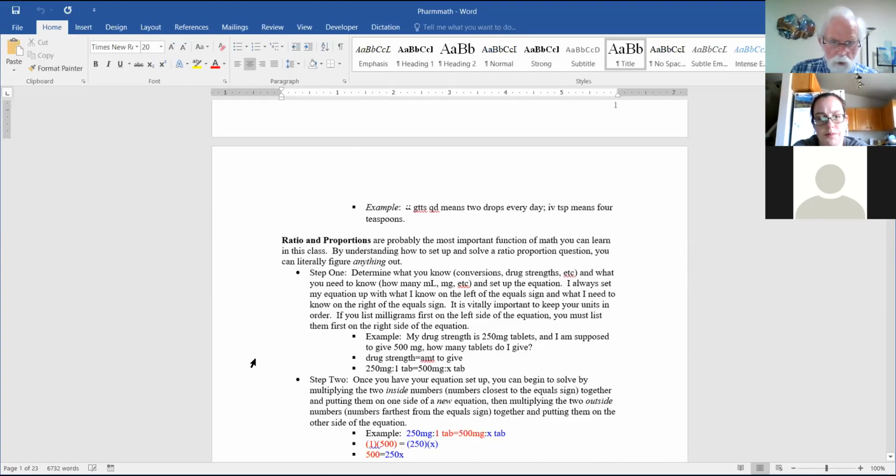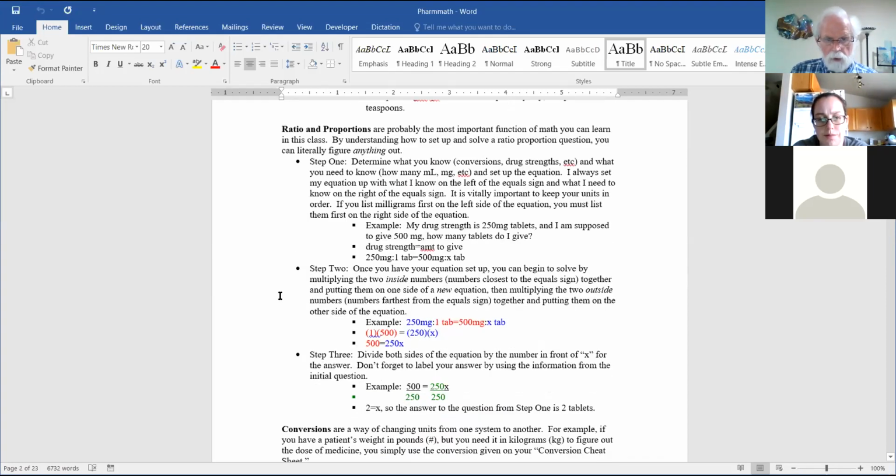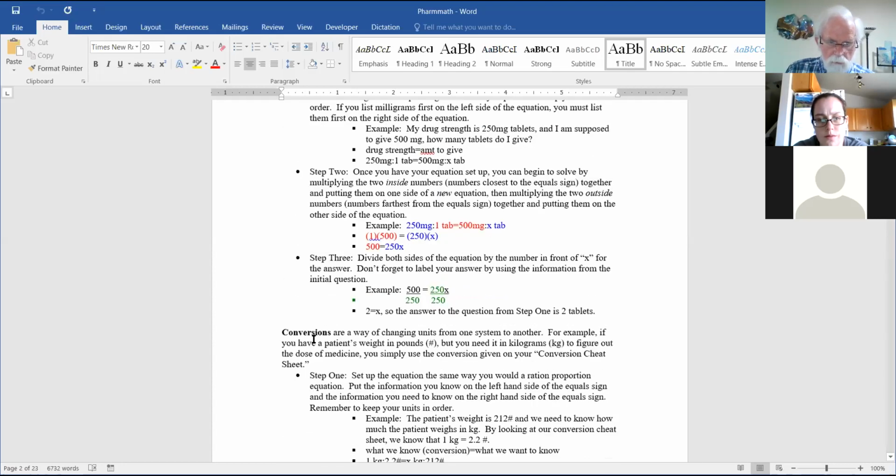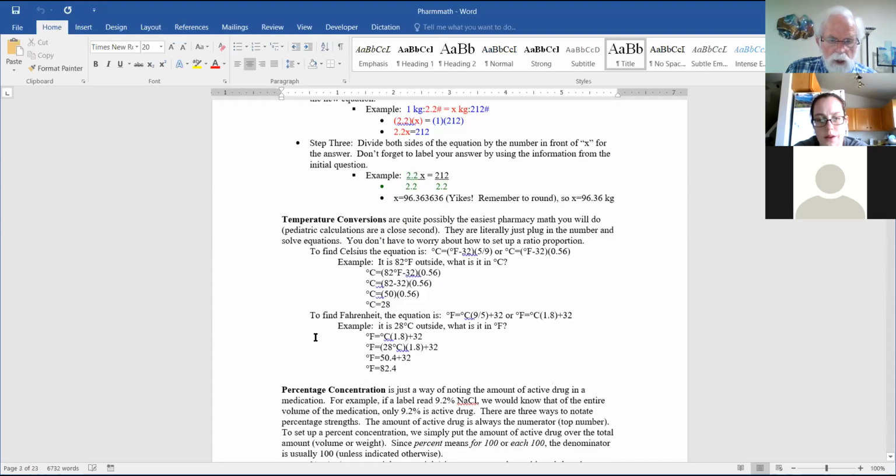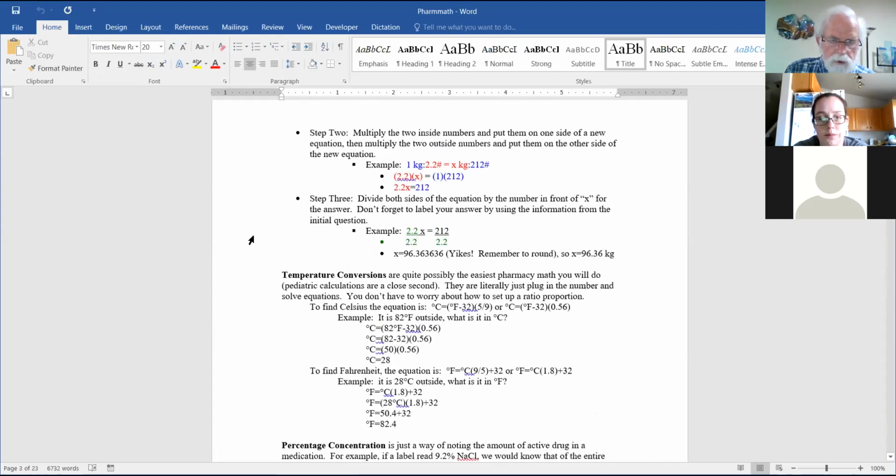So ratio and proportion, we talked about that. Remember, a ratio is basically another way of writing a fraction, and a proportion is an equality of ratios or an equality of fractions. And it's the basis for our medical calculations. Temperature conversions. These days, we have all electronic thermometers, and they're adjustable from Fahrenheit to centigrade. So you rarely are going to have to actually convert temperature, but the formulas are given here for doing that.